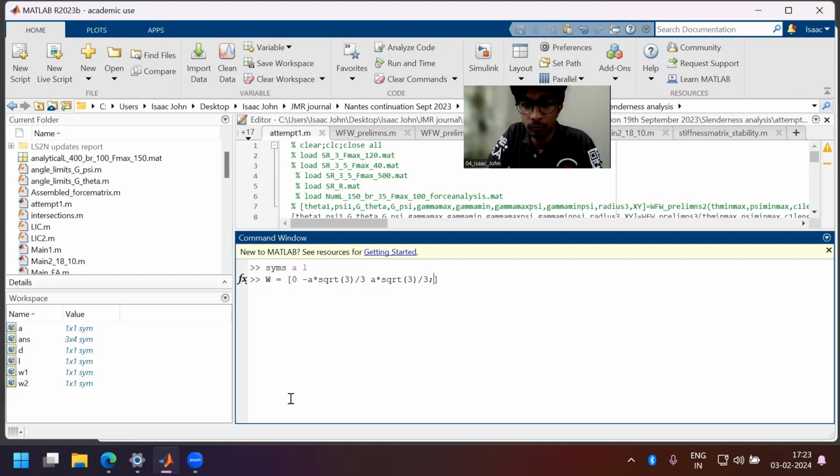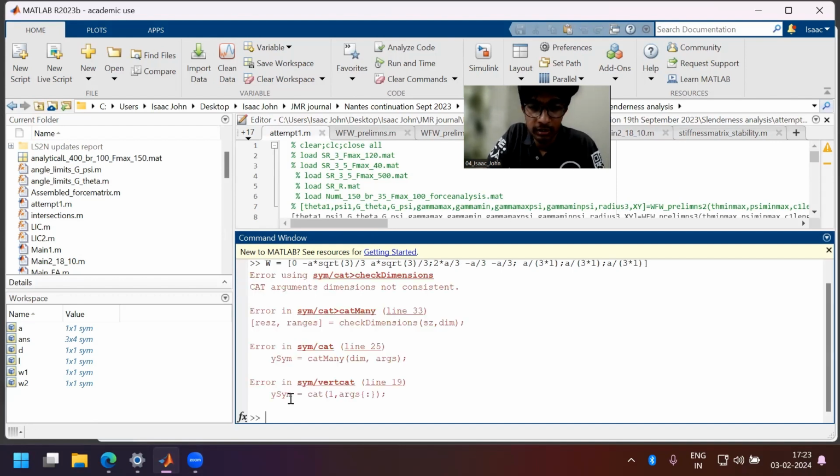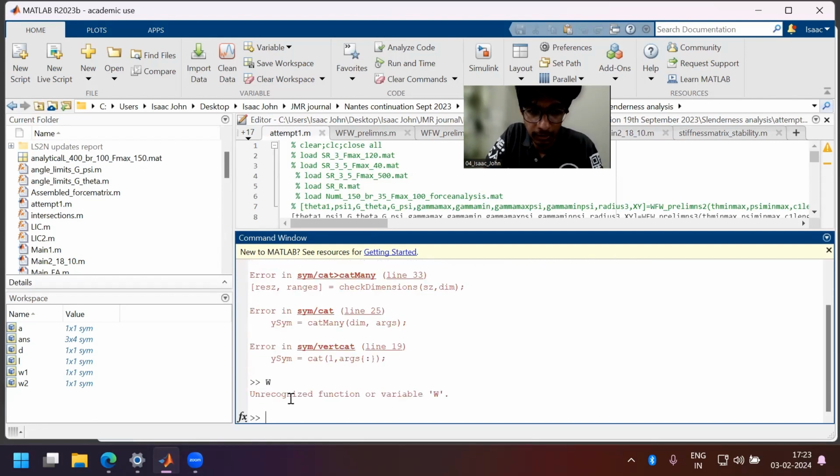The second term would be 2 times a by 3, then minus a by 3, minus a by 3, right? The final entry would be a by 3 times L. I'll just copy this one. So I hope this is our correct W matrix.